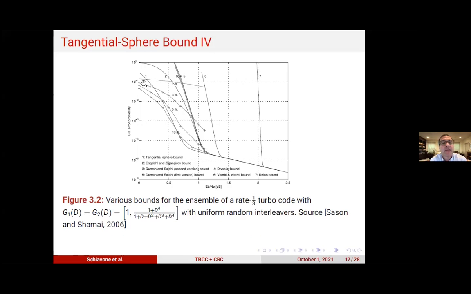The best bound is the tangential sphere bound, and there's a place where the 10 iteration code is still above the bound, that little bump. But if you ran an infinite number of iterations, you can be confident you would be below the bound because it's an upper bound. Is that correct?